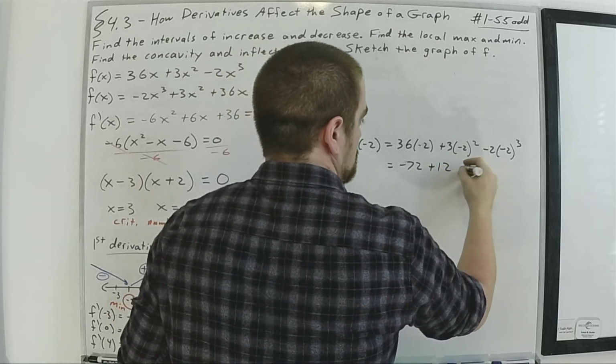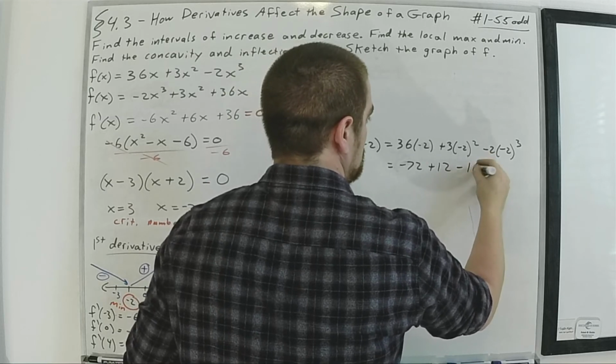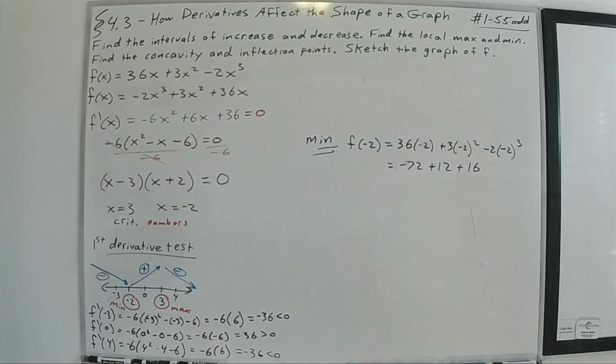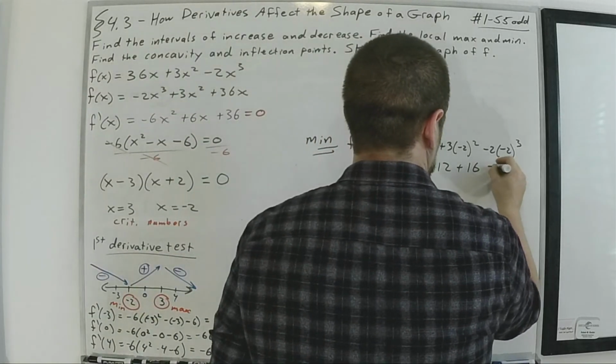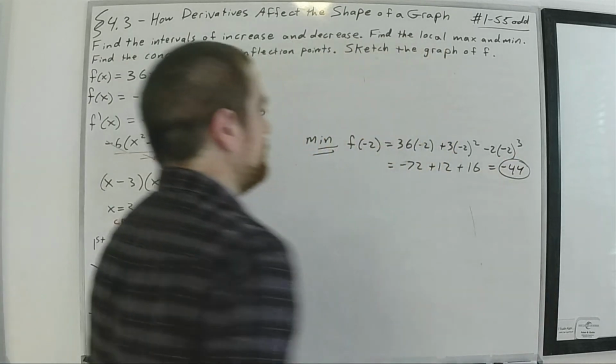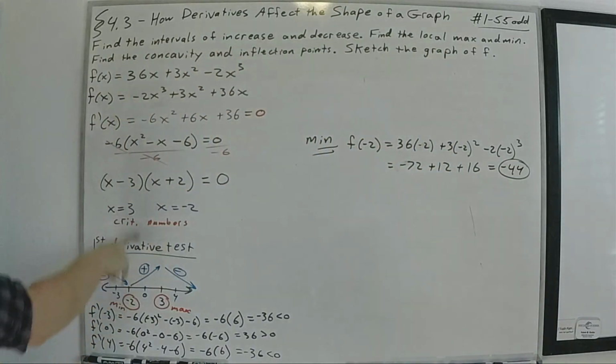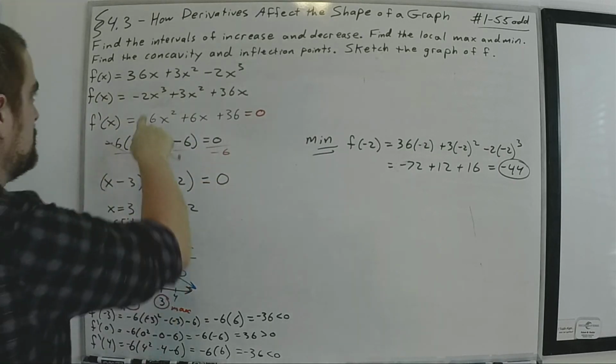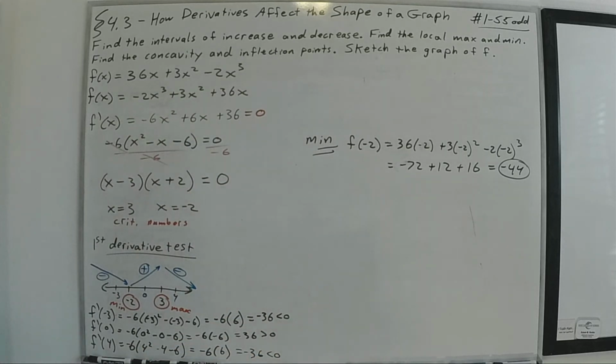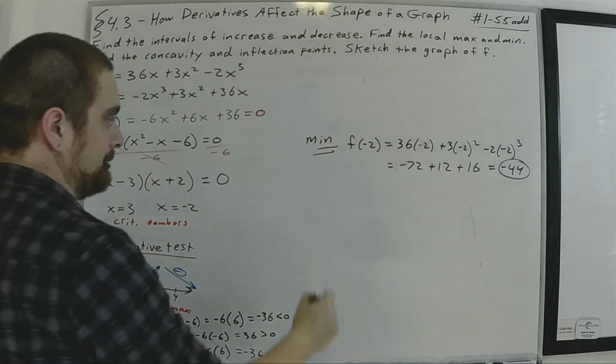That'll be negative 8 times negative 2 is positive 16. Just so we don't risk messing this up. Get negative 44. So I plug negative 2 in to my original function and just crunch it, see what we get. If you have this function already plugged in your calculator and you just want to go to the table, that's the best way to do it, right?